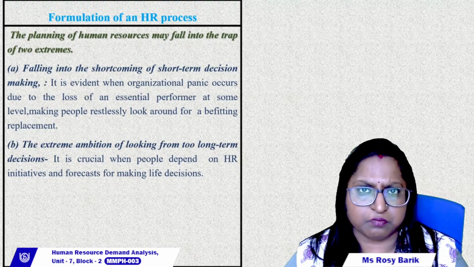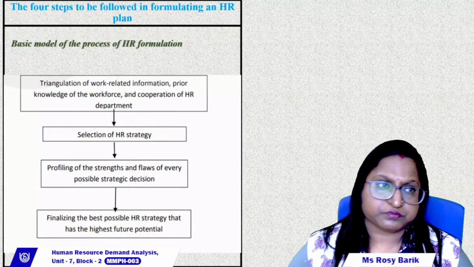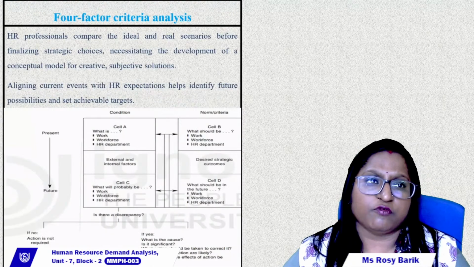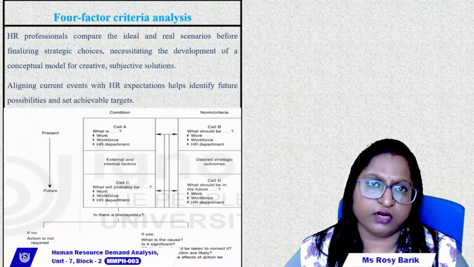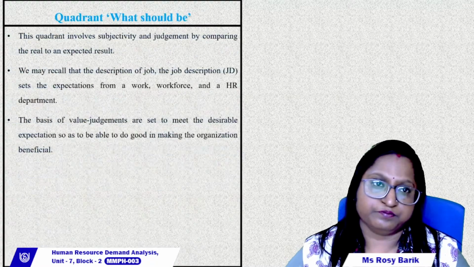Both are very crucial parts of organizations, and the four steps involved in the HR formulations, the four factor criteria analysis, that is, what should be, what will probably be, and what should be.